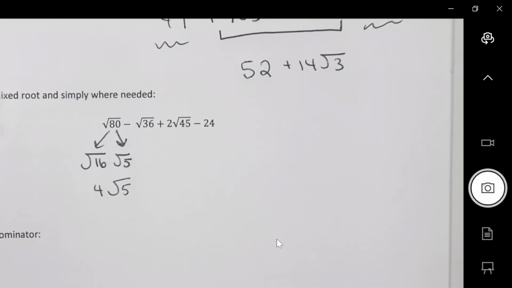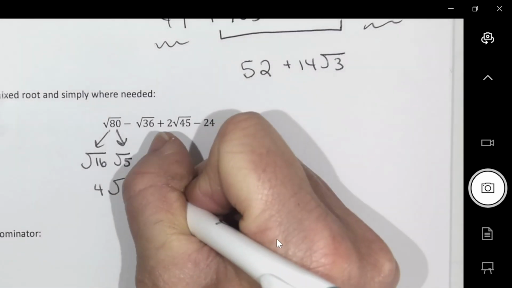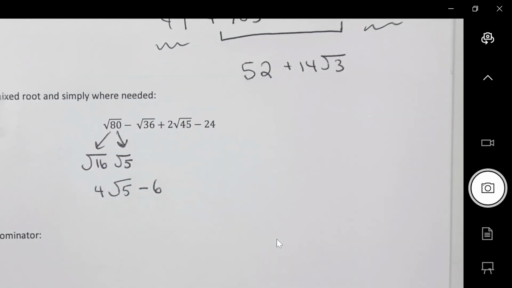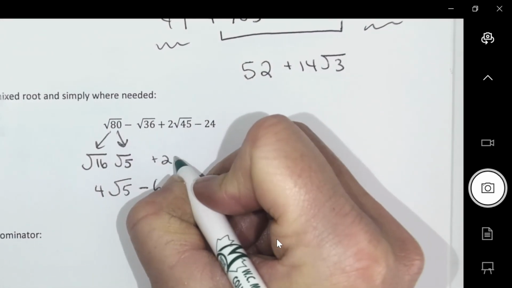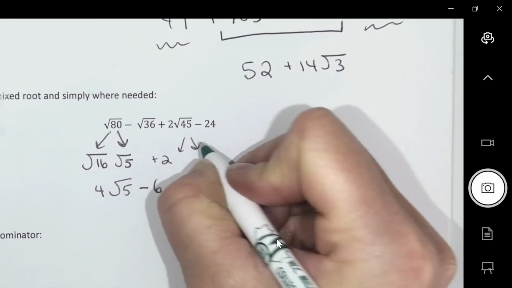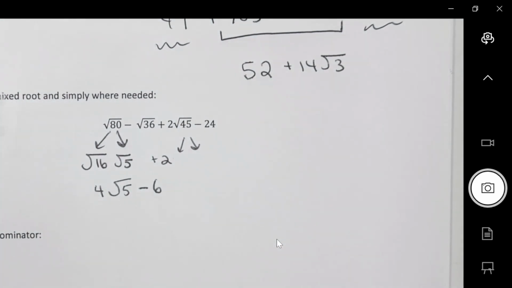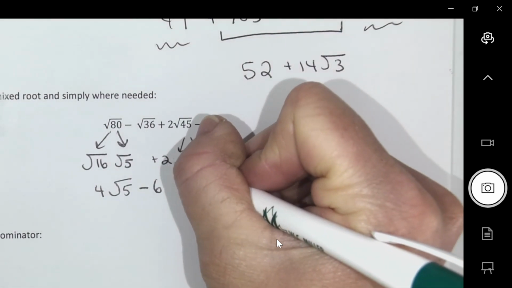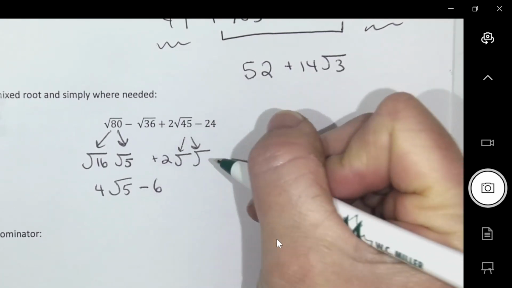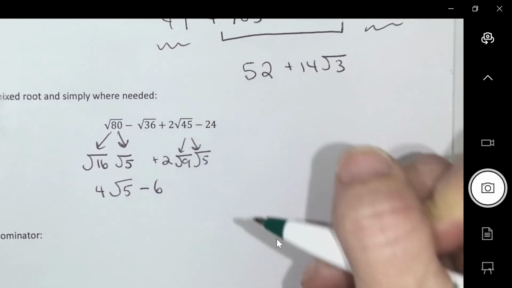Root 36, well, that is just what? Just 6. There's no breaking down twice like that. Okay, 45 is divisible by which one of those magic numbers? 9 times 5 is 45.